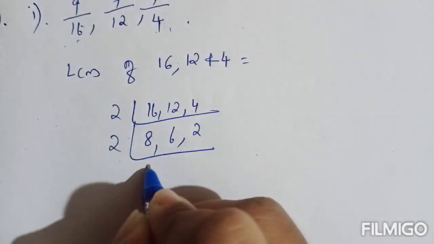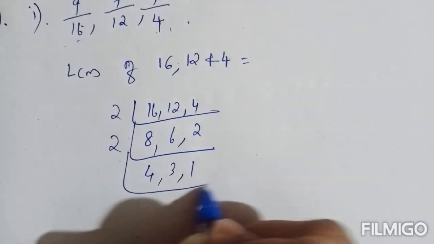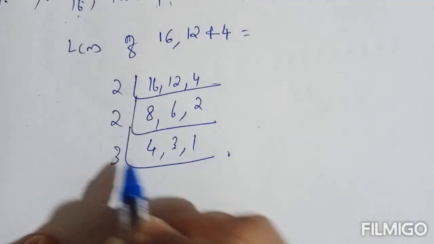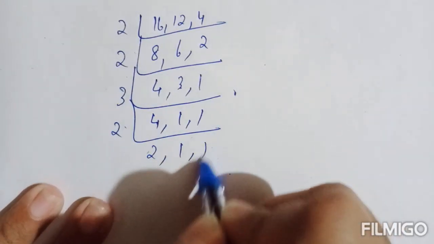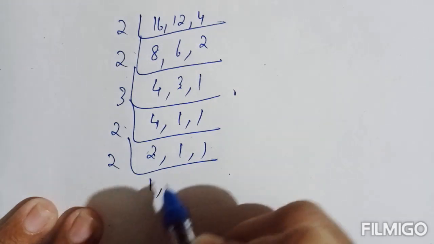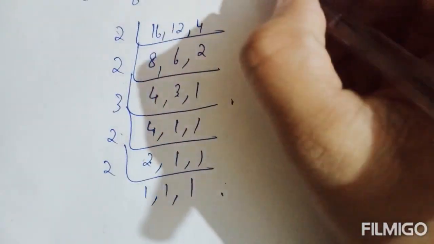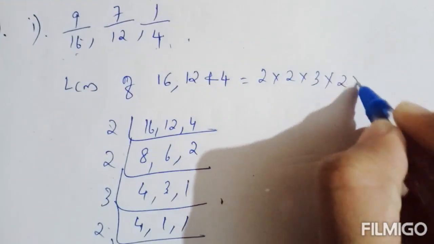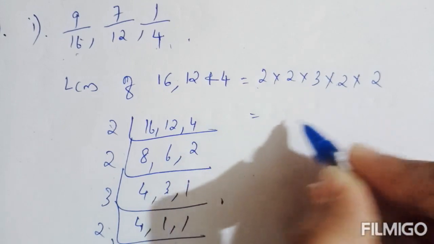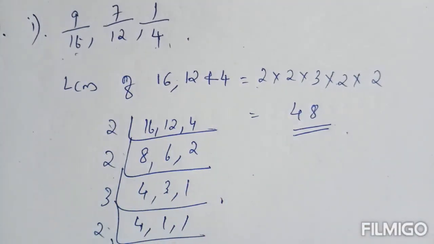Again divide by 2: 4, 3, 1. 3 you can divide by 3, so 4, 1, 1. 4 you can divide by 2, so 2, 1, 1. 2 you can divide by 2, so 1, 1, 1. LCM will be 2 into 2 into 3 into 2 into 2, that is 48. 48 will be the LCM.